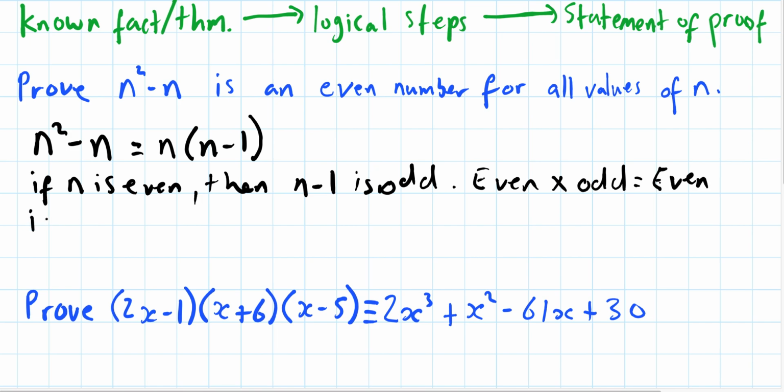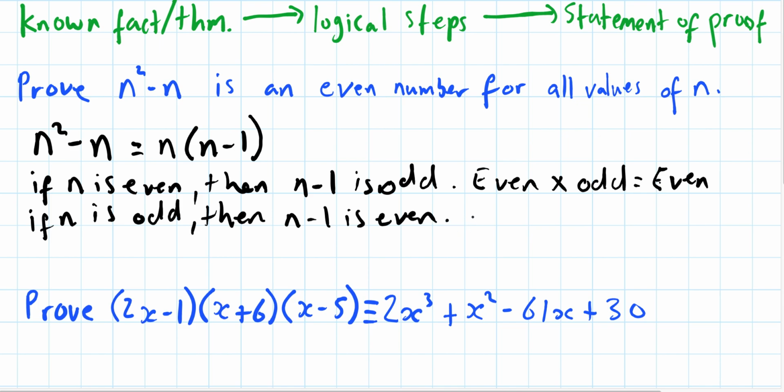So now we do the same thing for n is odd. So that means we've looked at every single number. Then n minus 1 is even. So, odd times even equals even.